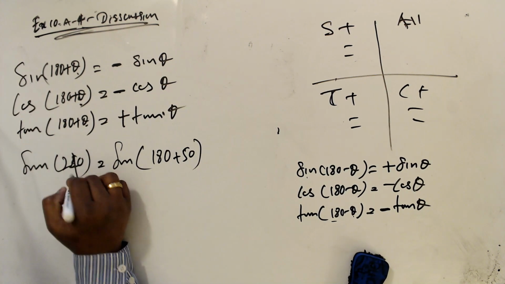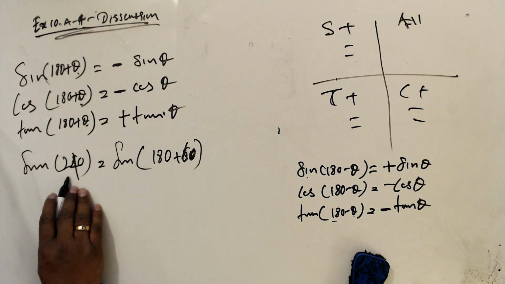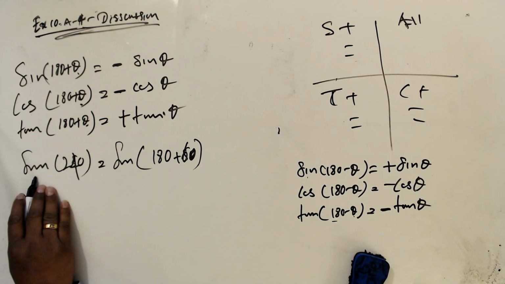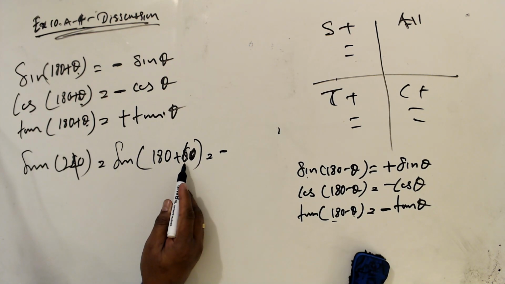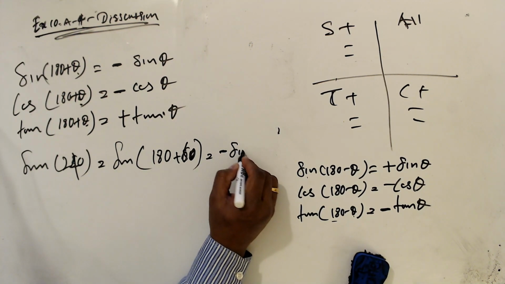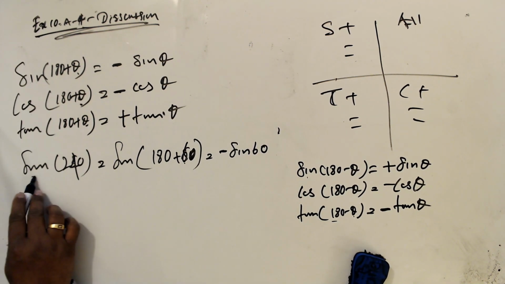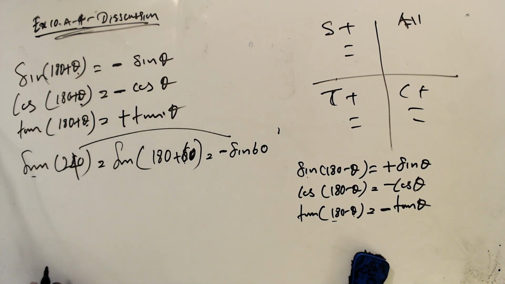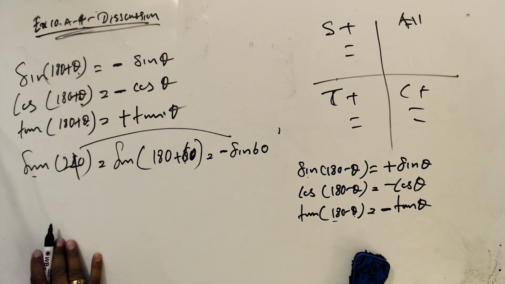I'll take this as 240, then this is 60. Then we know in the second quadrant, sine ratio is negative. Then we write simply sine with the small angle. Sine 240 means minus sine 60. I bring 240 to the 60 small angle.